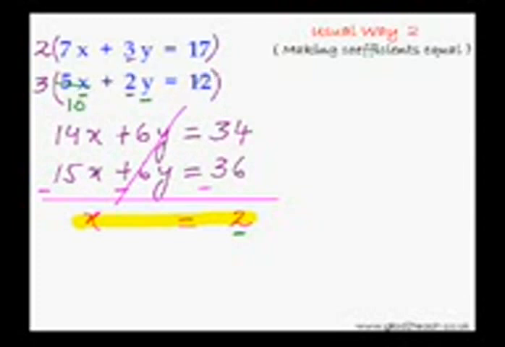That means 2y equal to 12 minus 10, which is nothing but 2. So y is equal to 2 divided by 2, which is nothing but 1. And we have solved the question. x is equal to 2, y is equal to 1.